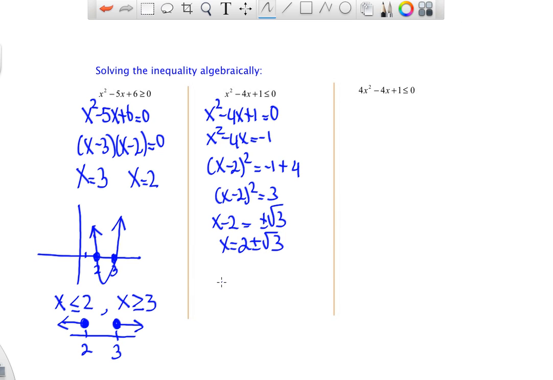Okay, again, we can put this on a picture, and it's maybe a little bit harder to draw, but this does have two answers. This is 2 minus the square root of 3, which would be just here in front of 0, and 2 plus the square root of 3, which would clearly be the bigger one. So that would be like here, and this quadratic would still go up like this. So when is it less than or equal to 0?